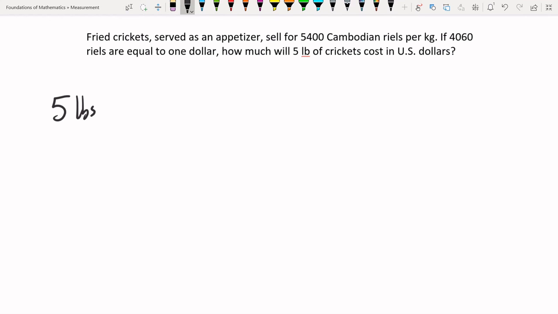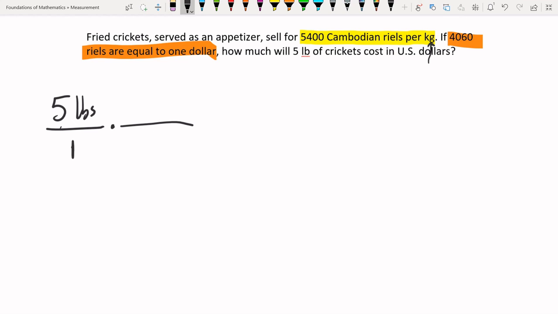So kind of where do we start? Well, we need to multiply 5 pounds by something. We have 5,400 Cambodian reals per kilogram, and 4,060 reals equals $1. So what we need is to have kilograms. So we can change pounds to kilograms.